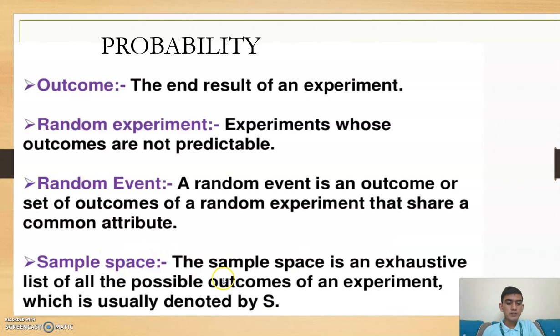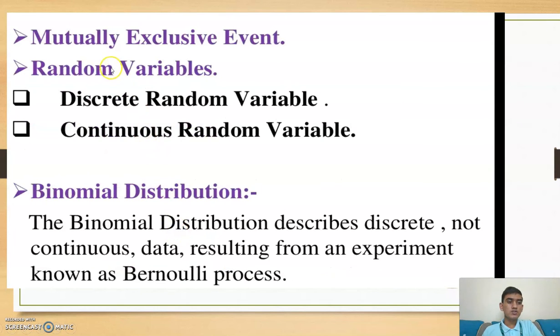What is a sample space? A sample space is an exhaustive list of all the possible outcomes of an experiment, which is usually denoted by S. These are mutually exclusive events. Then there are random variables: discrete random variables and continuous random variables.